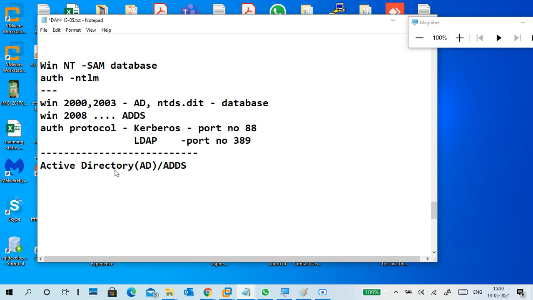Active Directory Domain Services, or Active Directory, means it stores user information in an Active Directory database.